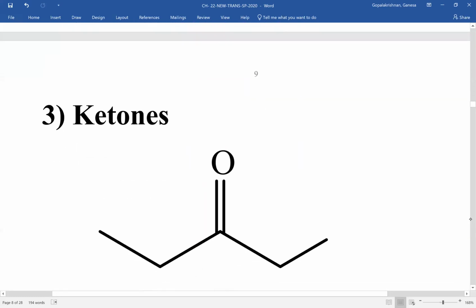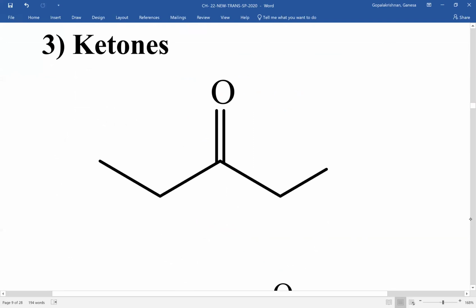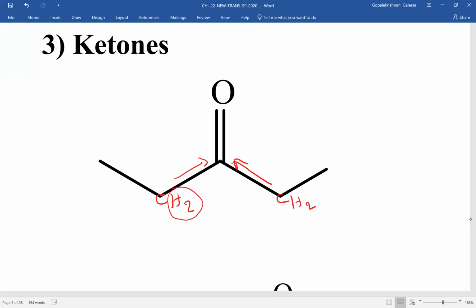But that is not the case in ketones. In this ketone, you have two here and two here, the same amount of inductive effect spreads on both sides and is distributed over two hydrogens. So all these four hydrogens will be equally acidic.